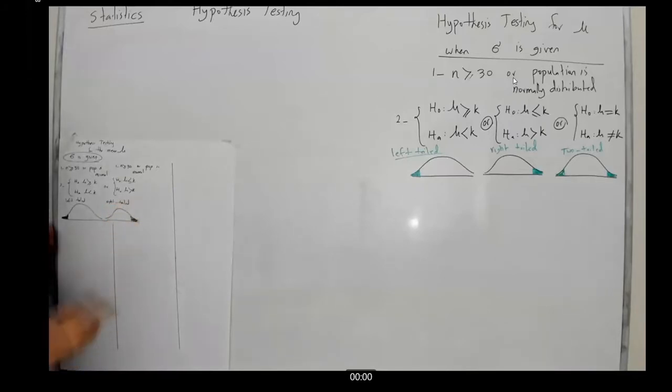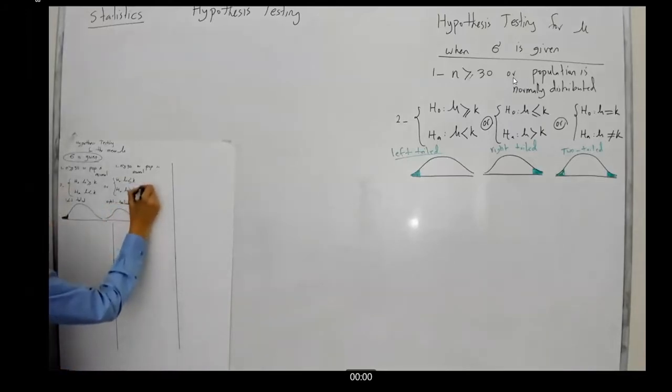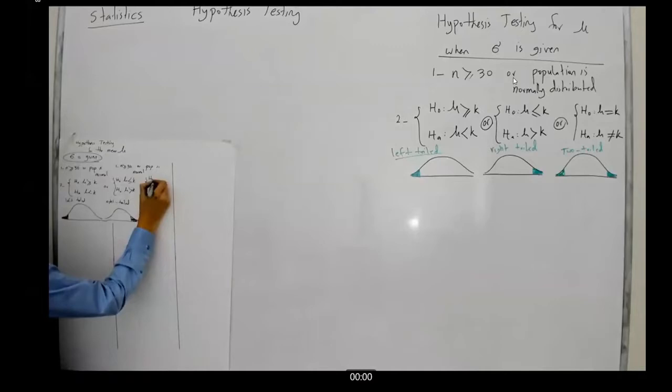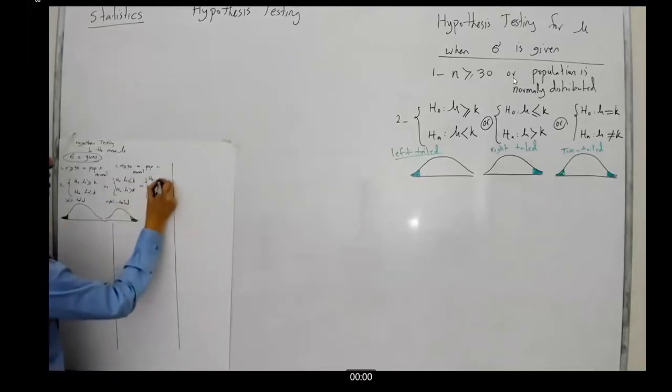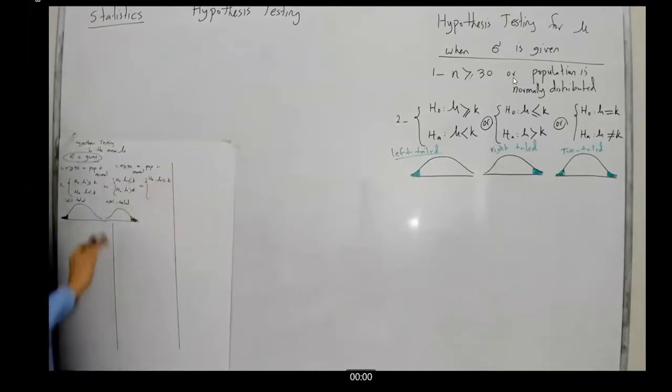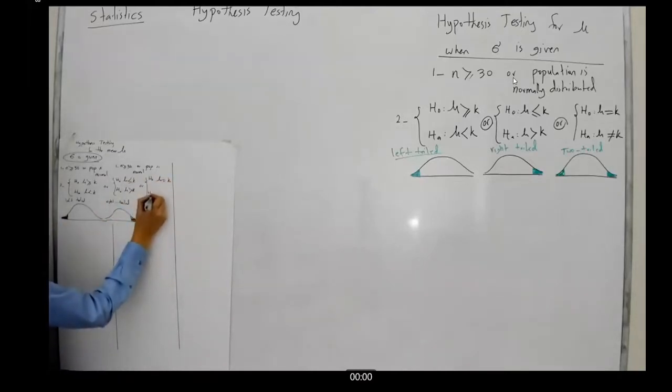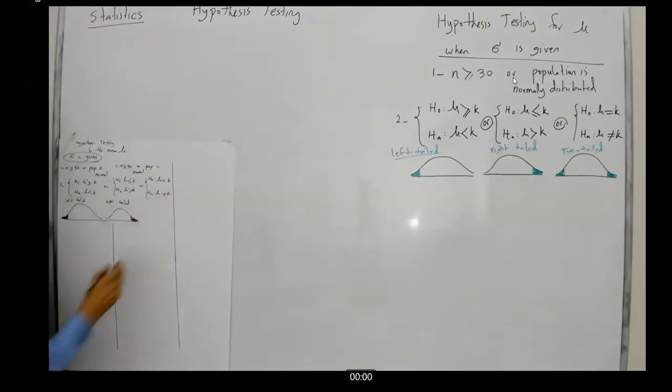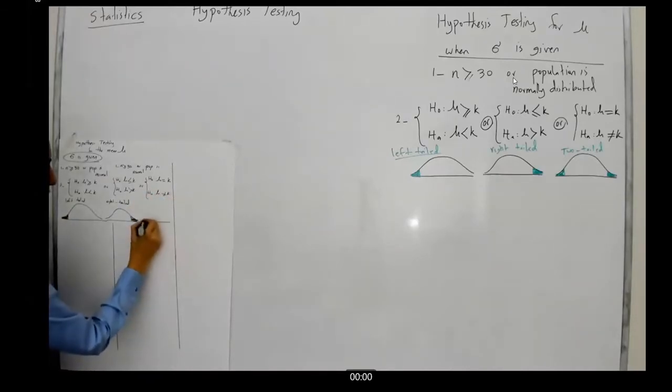Or here you have a two-tailed graph. Null hypothesis says mean is equal to k, its complement, mu is not equal to k. Two-tailed graph.